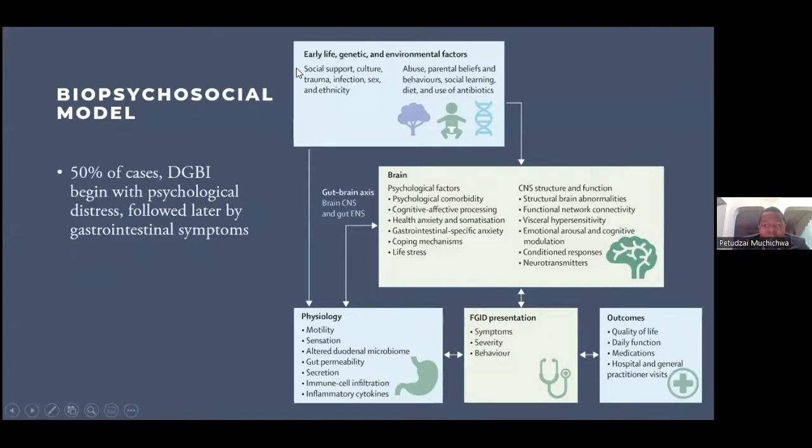As you can see, the early lifestyle, genetic and environmental factors, the social support, the culture, the trauma, ethnicity at tender age, later on manifest in the pathophysiology: motility and sensation, the altered duodenal microbiome, the gut permeability and secretions. And then the outcomes of such disorders will be quality of life, daily function and medication, and several hospital visits to general practitioners.